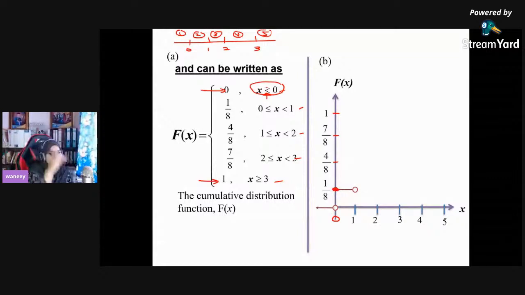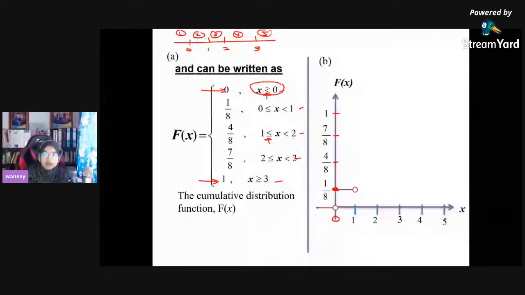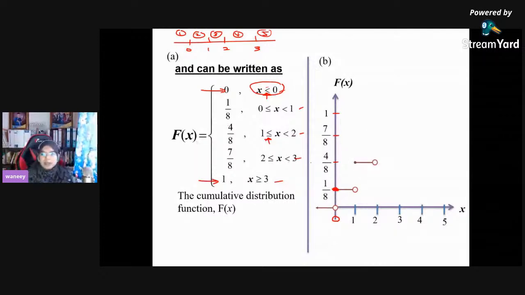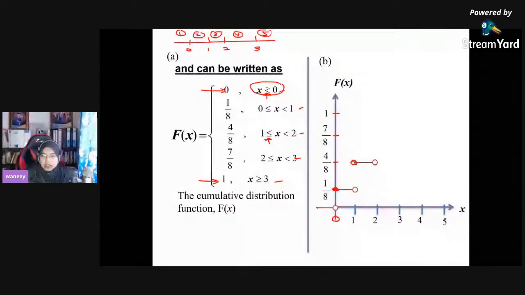Right, so it should be a dense circle at 0, and then going to 1, and then a flat line at 1 over 8. And then of course you're going to have a dense circle at 1 and open at 2. So the y value is 4 over 8. Since this one is not that big, I make it bigger. Okay, next.